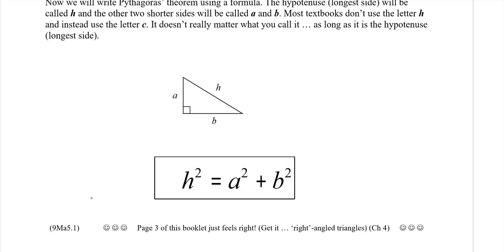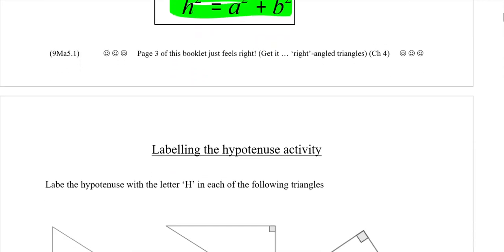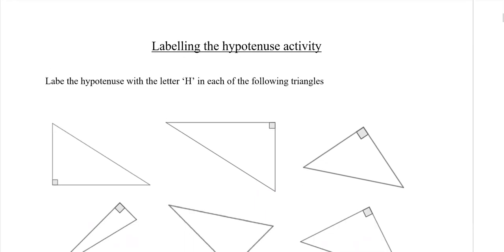This is the formula. That is the traditional Pythagoras' theorem formula. So we have our hypotenuse here, our A and our B on our two arms, and this is the formula. If I square the two shorter ones and add them together, then I will get the hypotenuse. But I don't want you to memorize or use that formula.